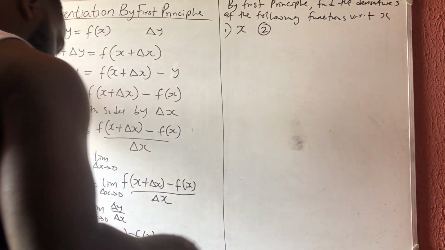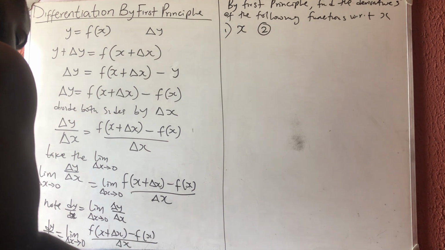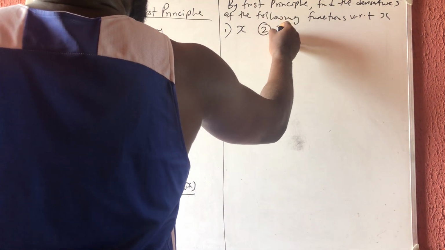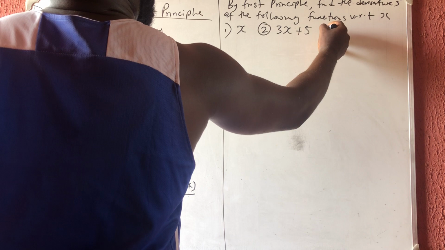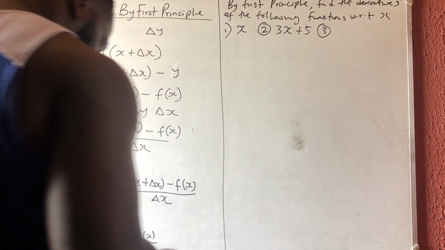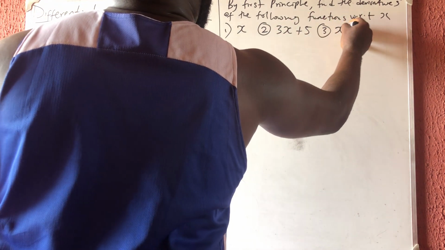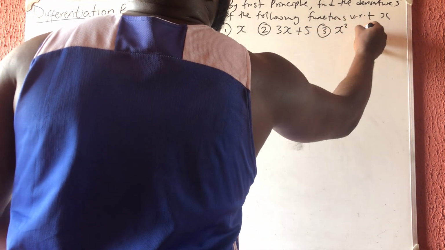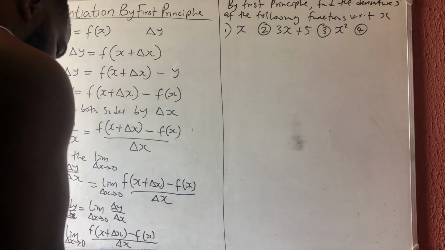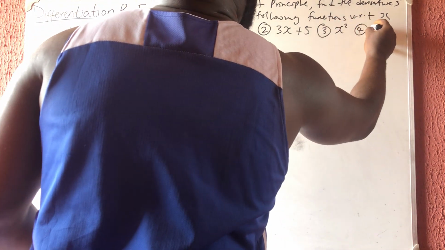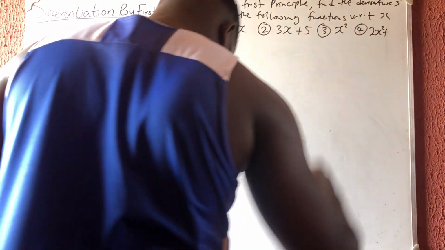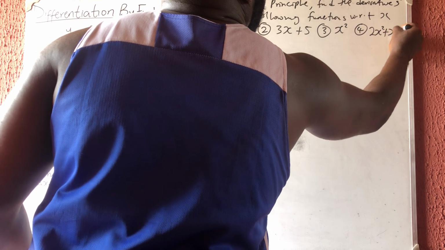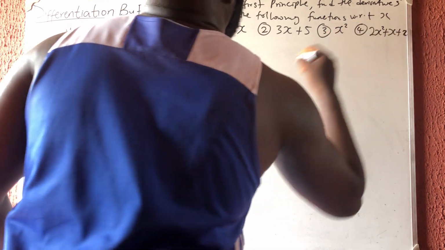Number two, they said 3x plus 5. Number three, they said x squared. Number four, they said 2x squared plus x plus 2.